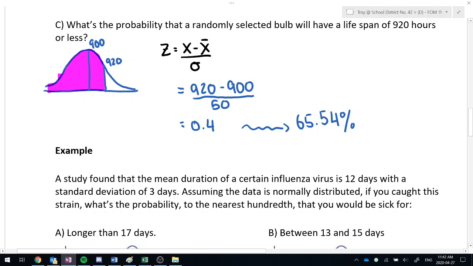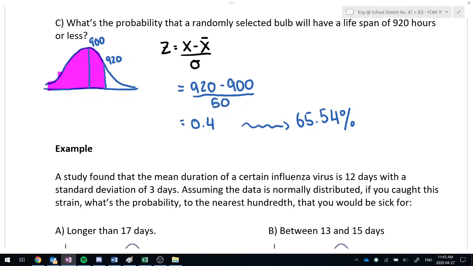So there's a 65.54% chance that any bulb that they pick out of the 35,000 bulbs they made, any one they pick, that bulb is going to live for 920 hours or less.